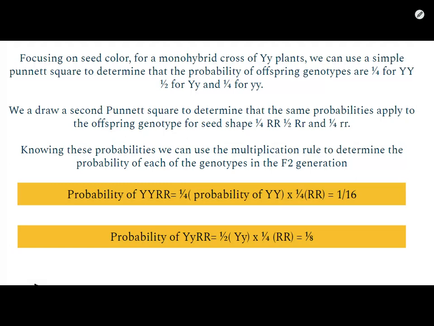The exact same thing helps us with our R traits. Big R, little r, big R, little r. We have a 1/4 chance of getting a heterozygote, a 1/4 chance of getting a homozygous dominant, and a 1/4 chance of getting a homozygous recessive.